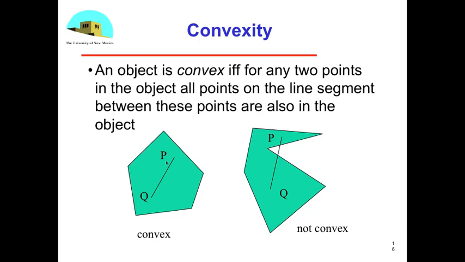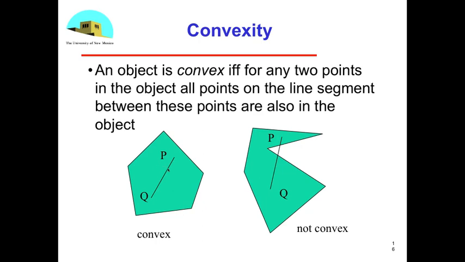Here it's drawn in 2 dimensions, and the rule is this: if I draw a line segment between any 2 points in or on the object, okay, now that makes sense without any kind of representation, because we just saw that we could always define a line given 2 points on it, and the definition is that an object is convex if and only if all of the points lying on that line segment connecting P and Q lie inside of the object.